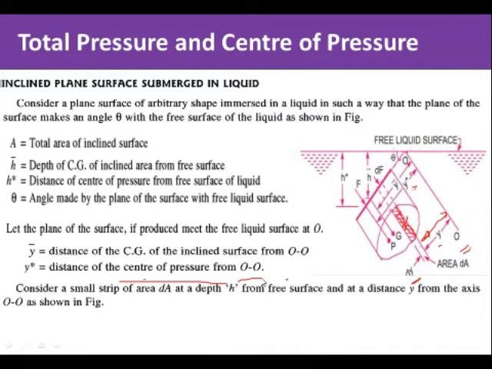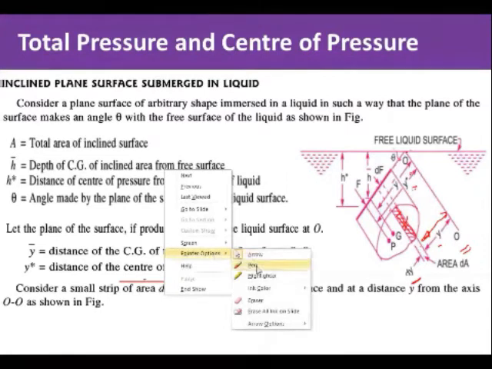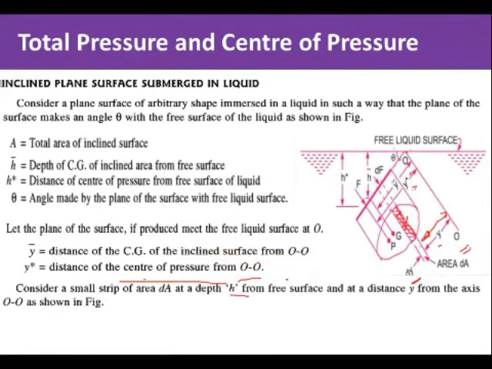Sorry, y bar is the distance of center of gravity from axis OO. Y star is the distance of center of pressure from axis OO.